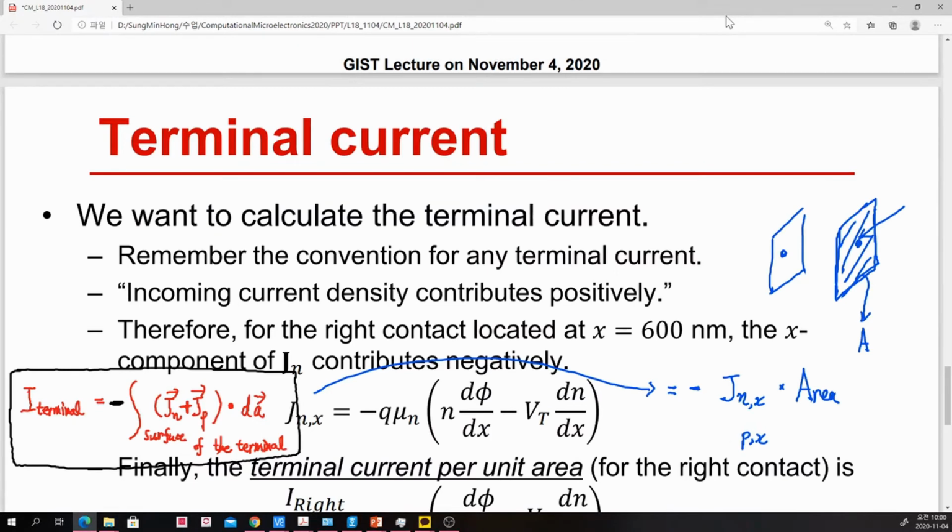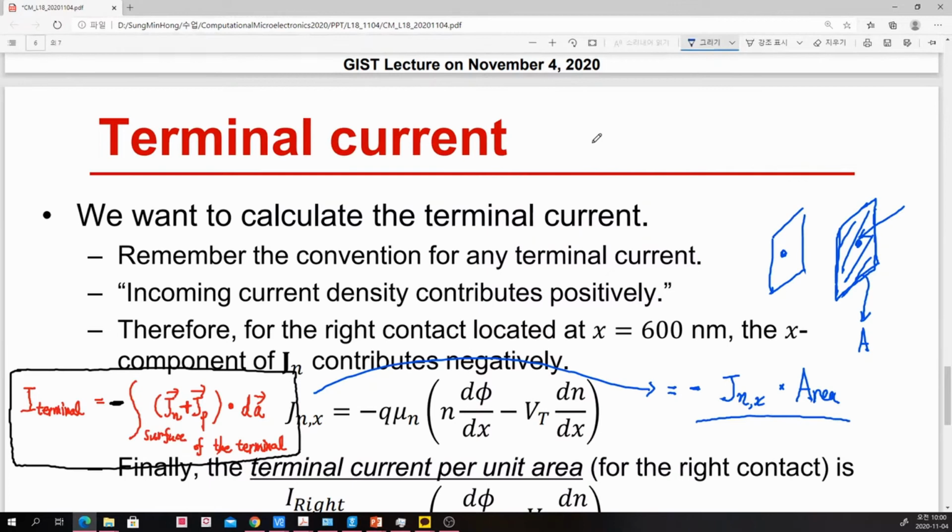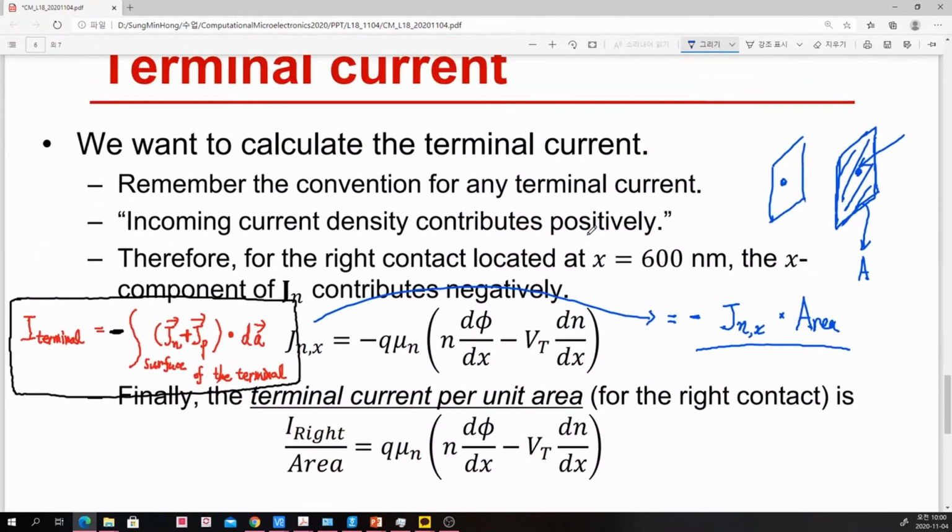But since we are talking about a unipolar device only in this example, it is enough to calculate the electron part. So simply speaking, the right contact terminal current corresponds to minus Jn multiplied by area.